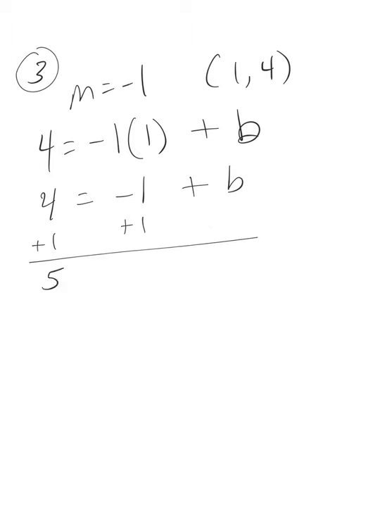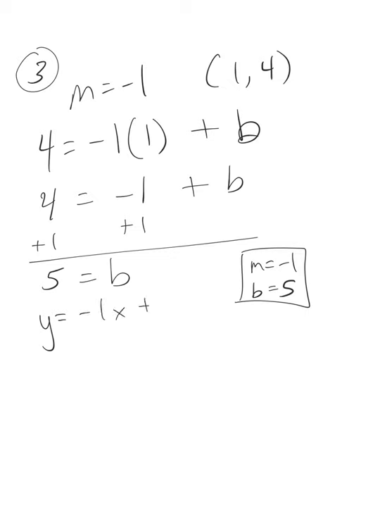You see how I got 5 for the b? So in my little box over here, I got m is -1, b is 5. So do I have enough to put it in slope-intercept form? Yes. So what's slope-intercept form? y equals -1x plus 5. Yep. Now change that to standard form.